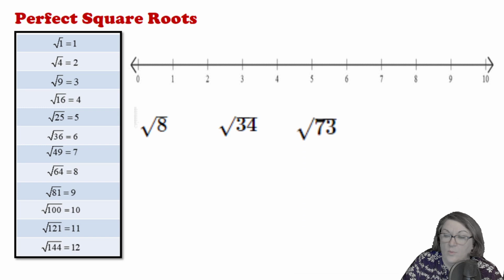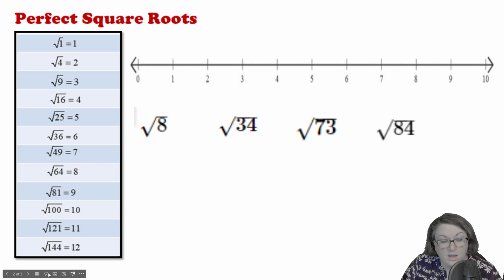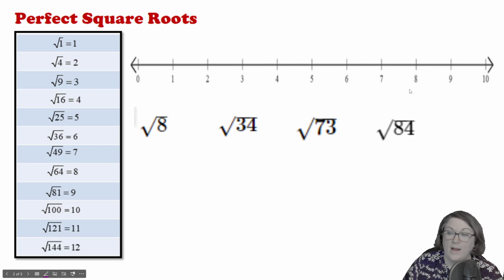And so now we are at the last example I was going to show you, which was the square root of 84. So once again, we're going to find the two perfect square roots that surround this non-perfect square root of 84. And that would be between 9 and 10 right here, the square root of 81 and the square root of 100. 84 would fall between those two.